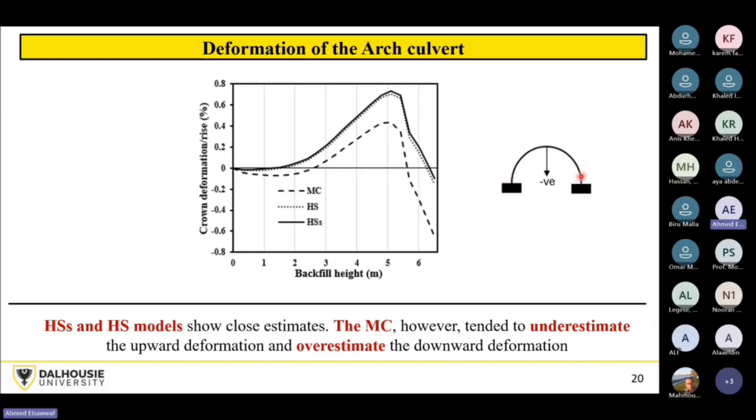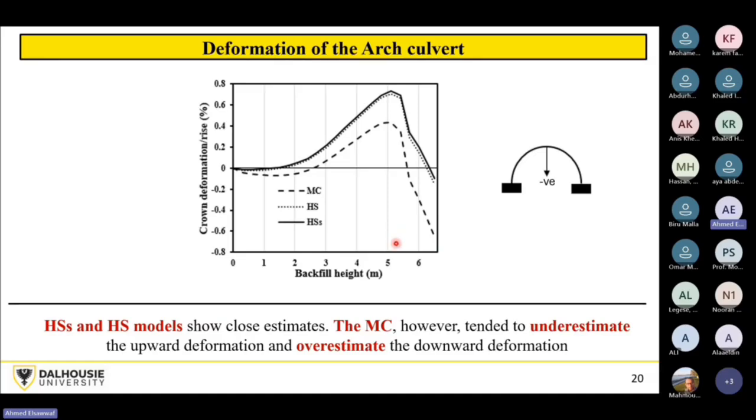Much of the deformation of the arch will rebound after removing the compaction effort. That's why the Mohr-Coulomb is underestimating the upward or peaking deformation, and overestimating the downward deformation.